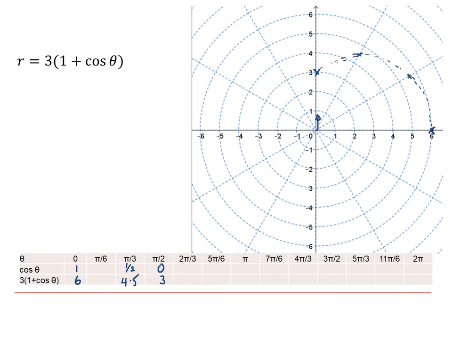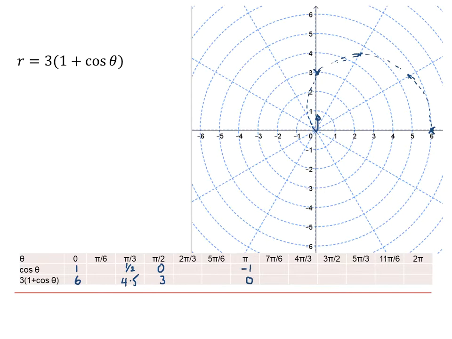So what happens after that is that we're going to reach -1 by the time we get to pi, and therefore this will have reached 0. And then things start increasing again.